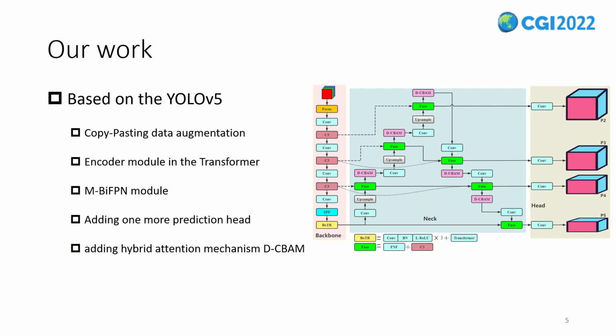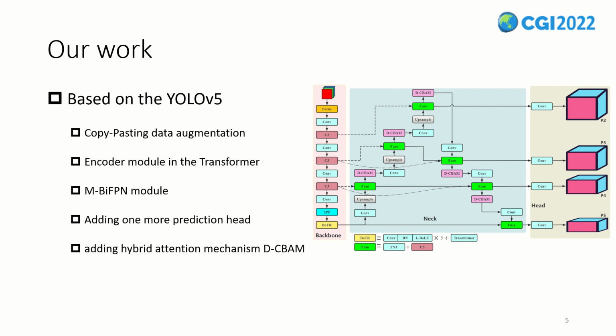Secondly, we add the encoder module of the transformer structure to the end of the backbone, which helps to combine CNN's excellent local feature extraction capabilities with the transformer's efficient ability to capture global information and context.